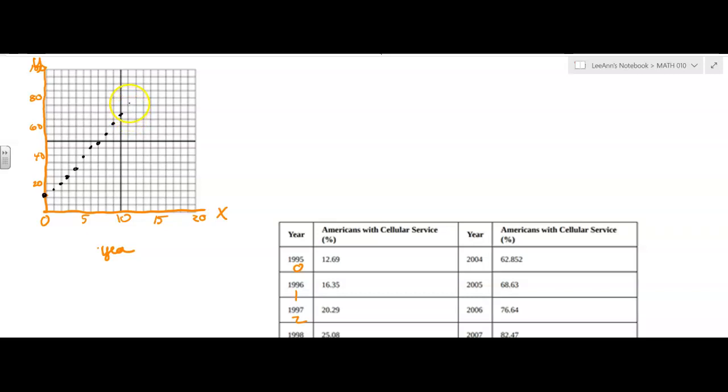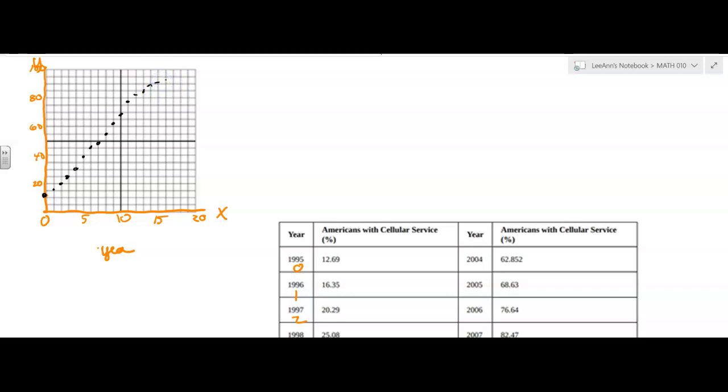And next year is like 82.4. And the next year is 85. And then 89. And then 92, almost 92.